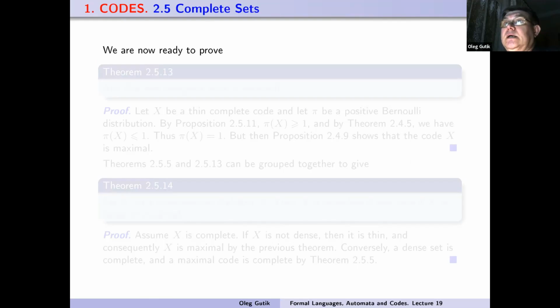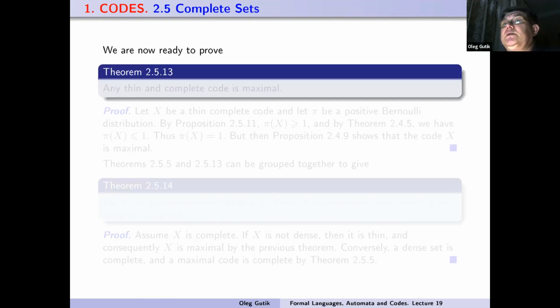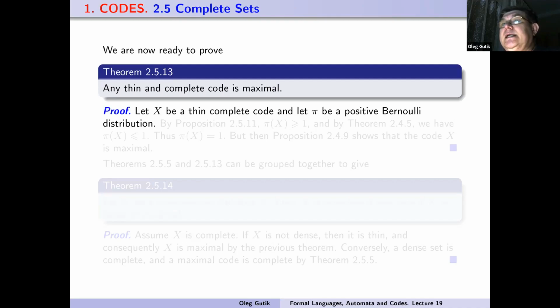We are now ready to prove Theorem 2.5.13: a thin and complete code is maximal. Proof. Let X be a thin complete code and let pi be a positive Bernoulli distribution.